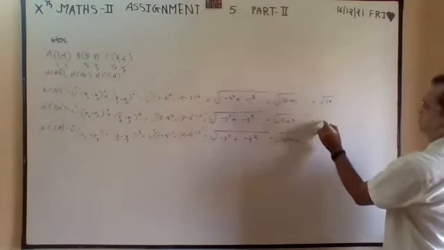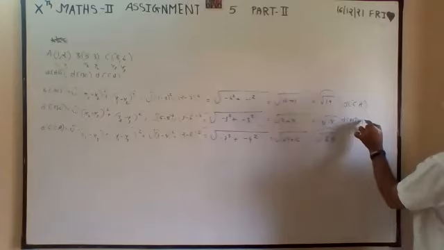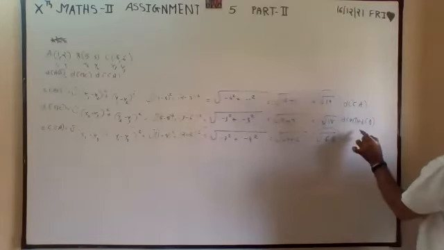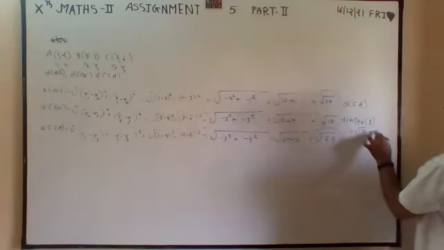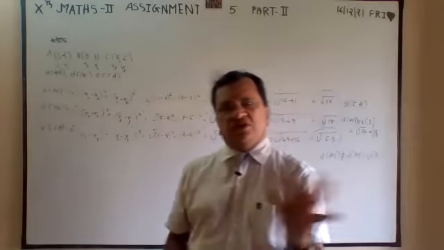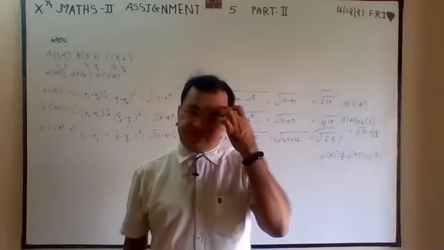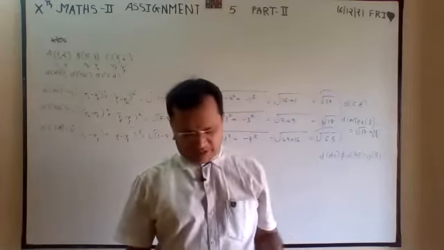The sum of the rest, the smaller distances AB plus BC, that is root 17 plus root 18. Therefore distance AC is not equal to distance AB plus distance BC. When the largest distance is not equal to the sum of the rest of the two distances, then it is not collinear.